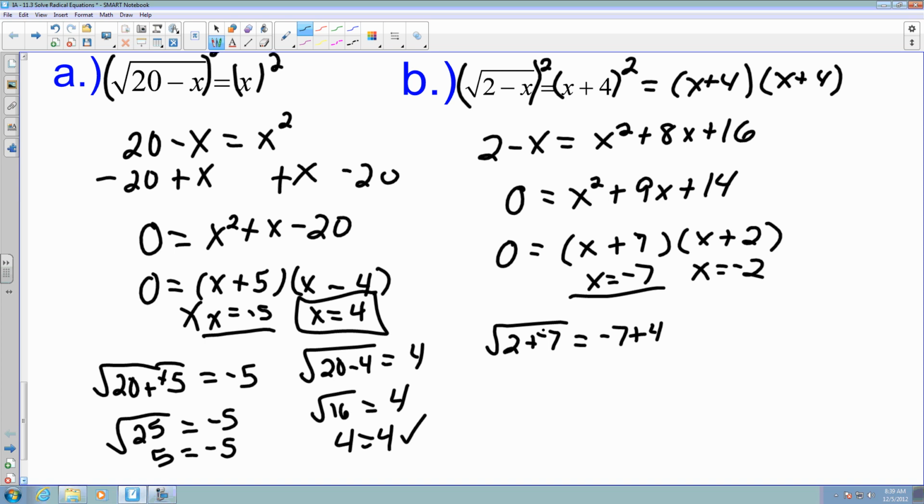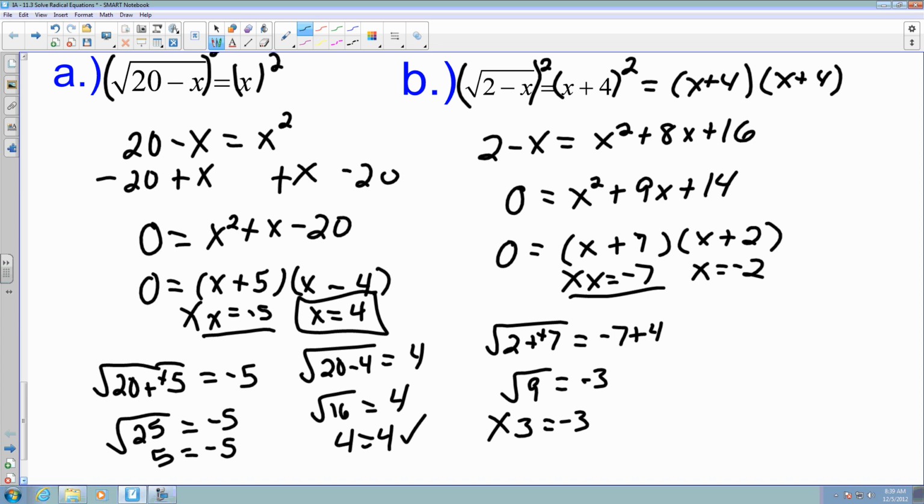So this just gives me plus plus, which means 2 plus 7 is 9, so that's square root of 9 equals negative 3. Square root of 9 is 3, equals negative 3. So that does not check out. So negative 7 is an extraneous solution.